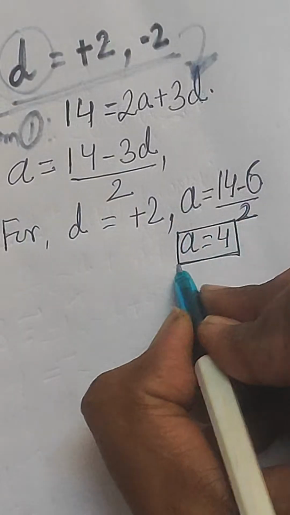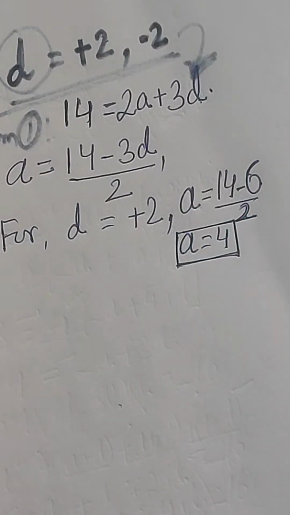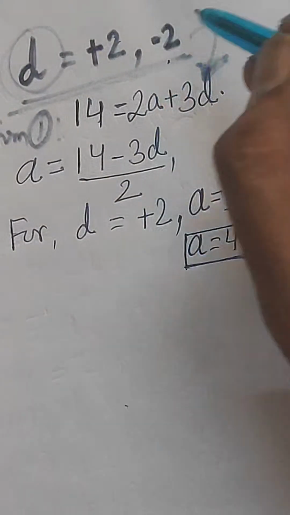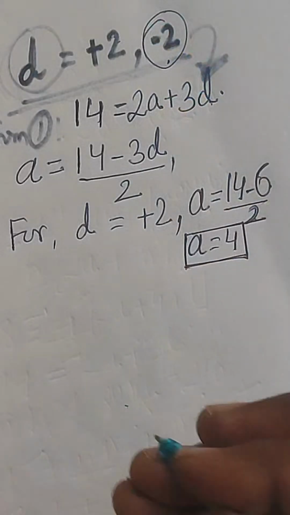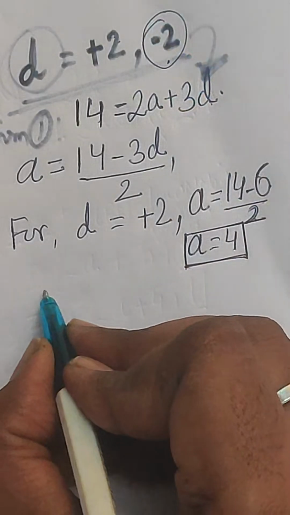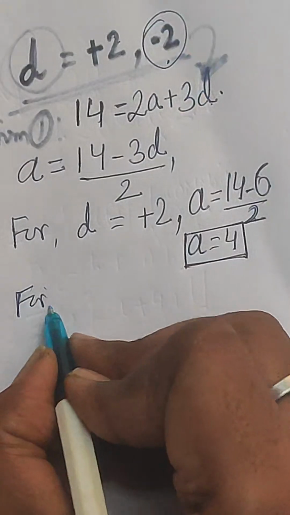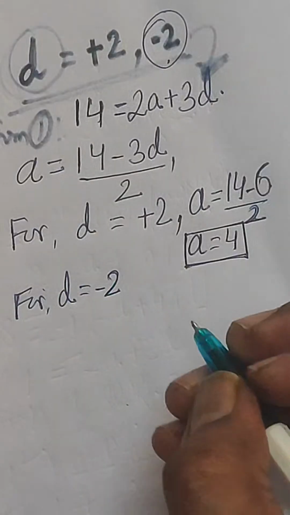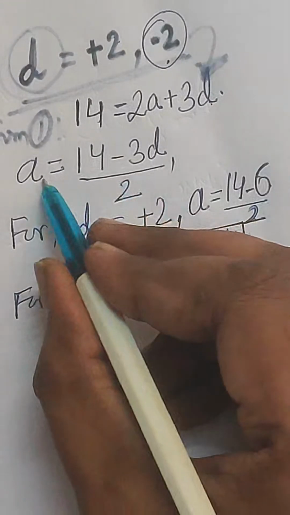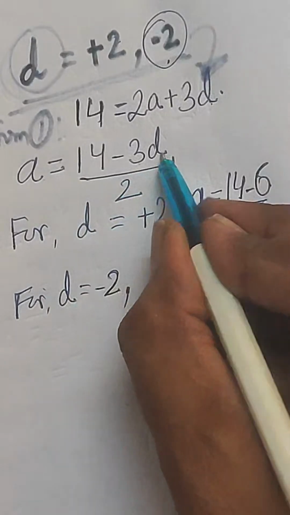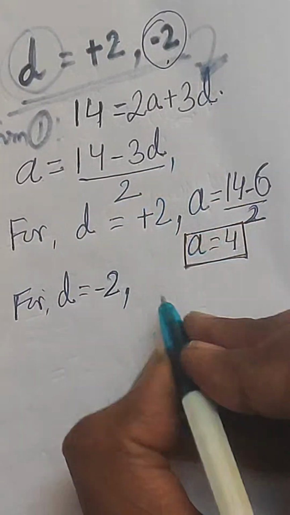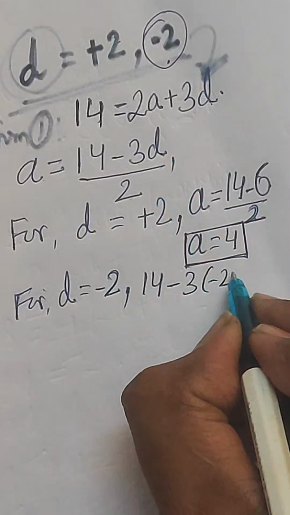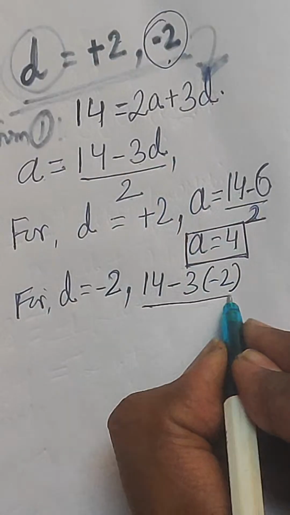So the first value of a is 4. But you can see there is another value of d, that is minus 2. So for this, what is the value of a? For d is equal to minus 2, the value of a is 14 minus 3 into that value of d, minus 2, divided by 2. So it will be 14 minus 3 into minus 2 divided by 2.